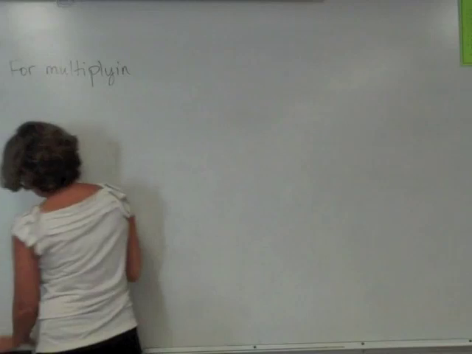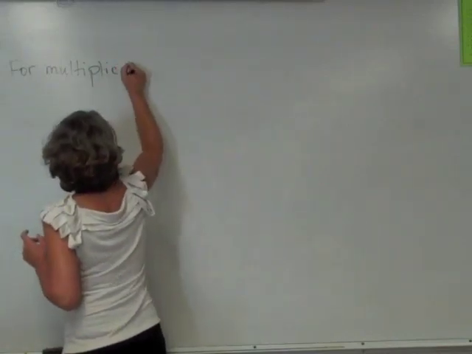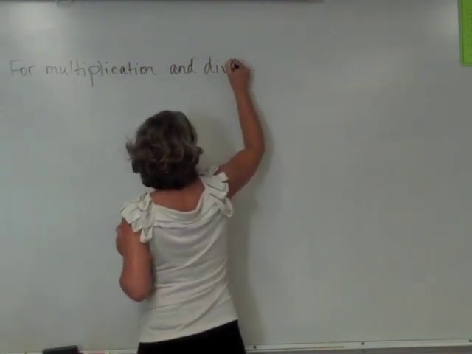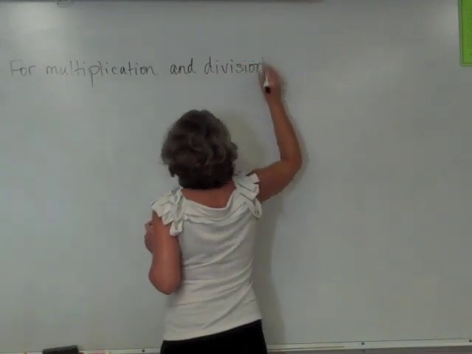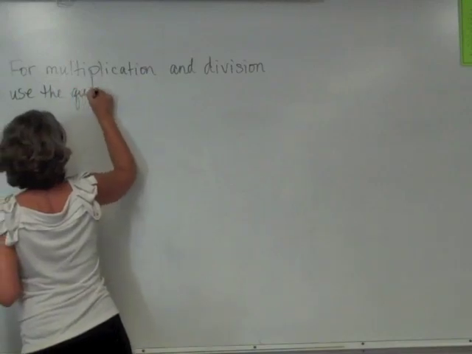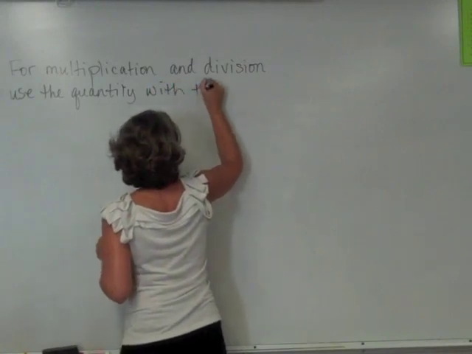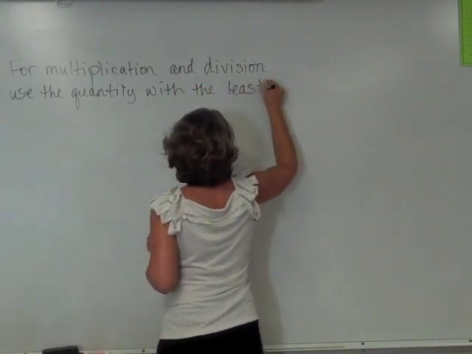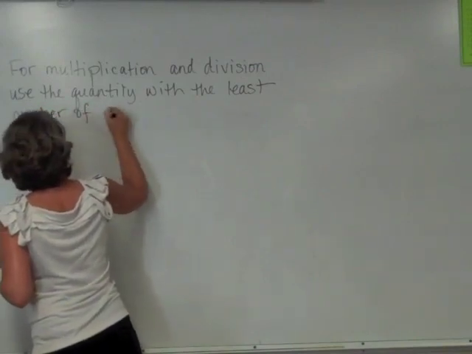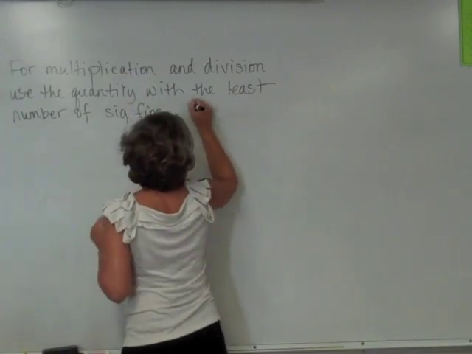For multiplication and division, use the quantity with the least number of sig figs to round the answer.